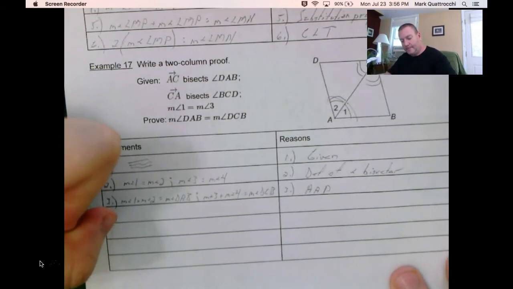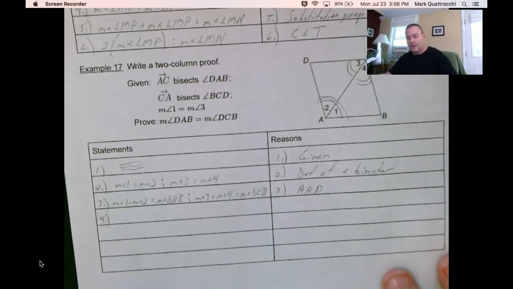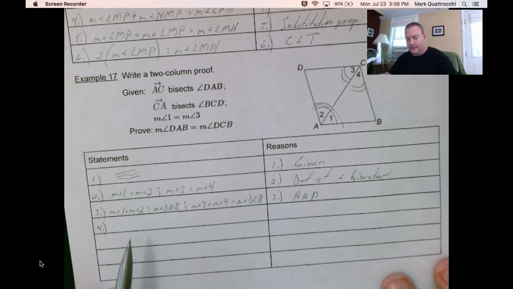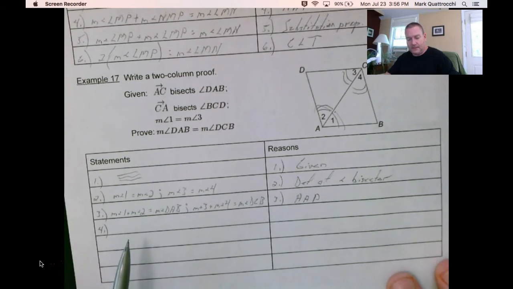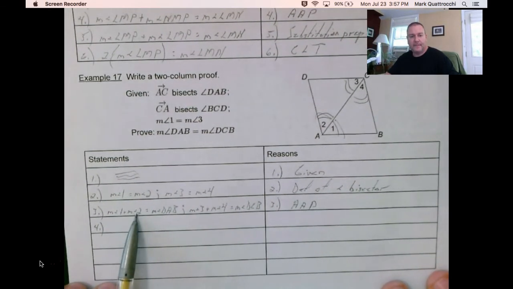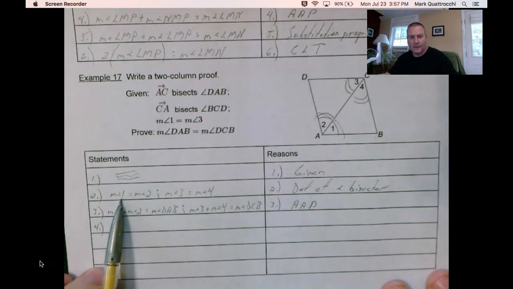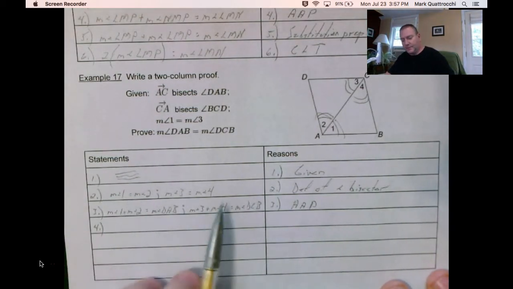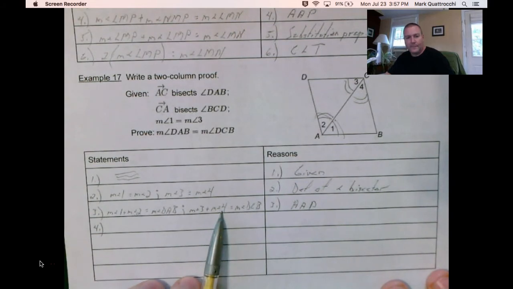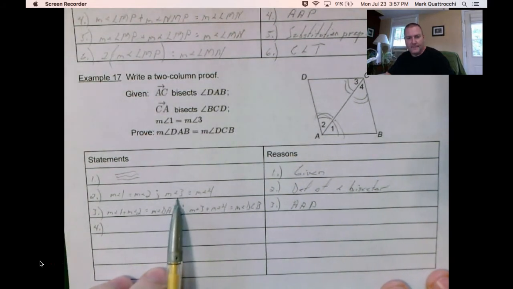Statement 4. I can replace angle 2 here. I have a choice. I'm going to replace this angle 2 here with this angle 1, because angle 2 is equal to angle 1. And I'm going to replace this angle 4 with this angle 3.